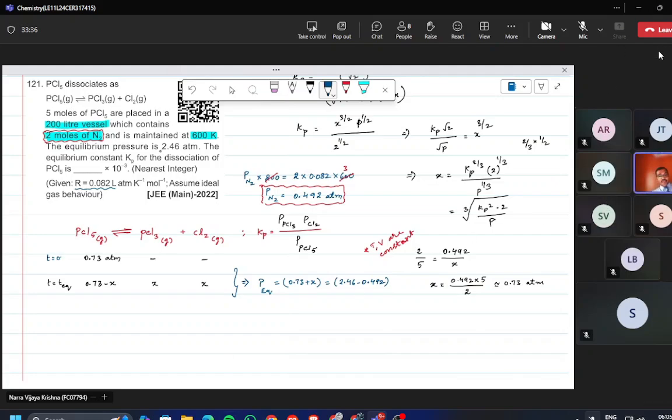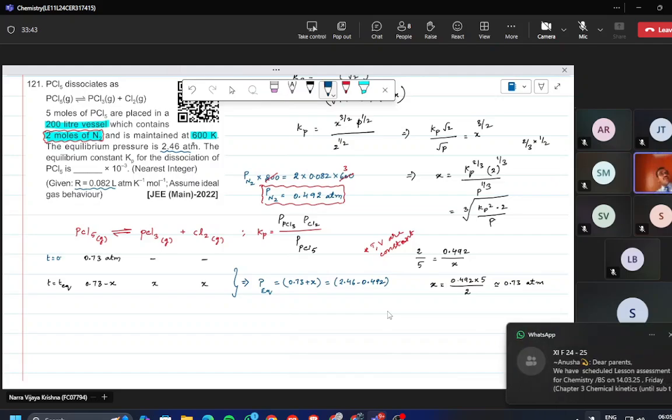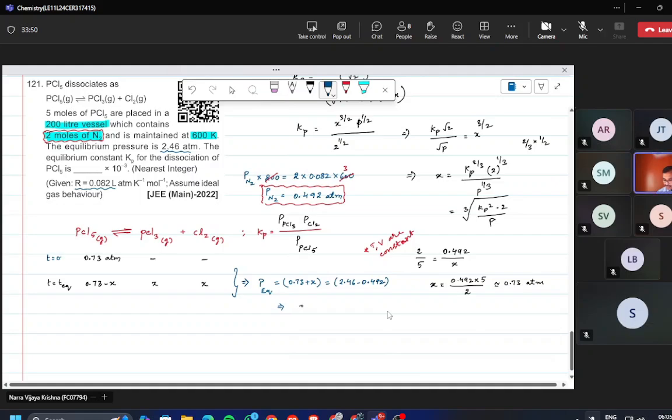This is the final pressure. In this, nitrogen remained unreacted, so I need to subtract the nitrogen's pressure. Then the remaining pressure is nothing but the pressure of these three. So what is the x value equal to? 2.46 minus 0.73 minus 0.492 is 1.222.